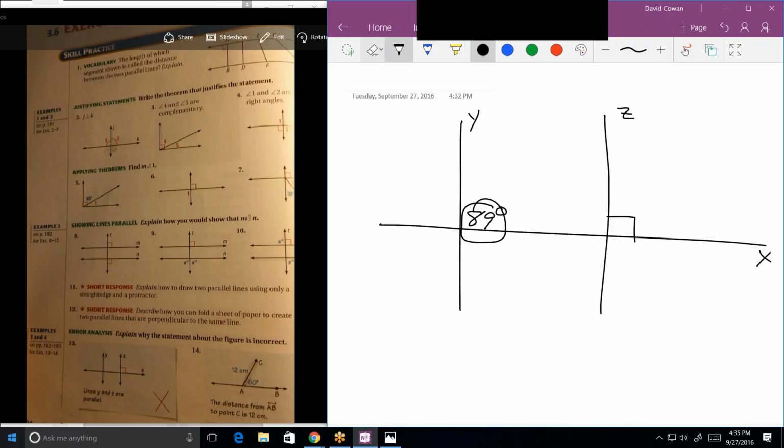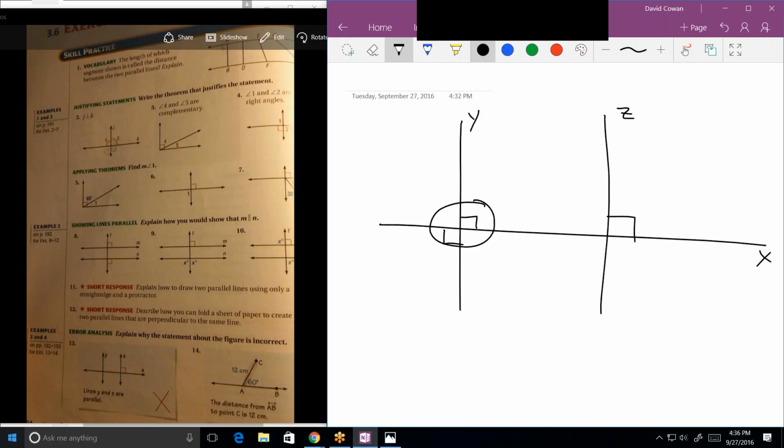So the information that we need to confirm that these two lines are parallel would be another right angle in any of those four. I could draw the right angle there, or up here, it doesn't matter.